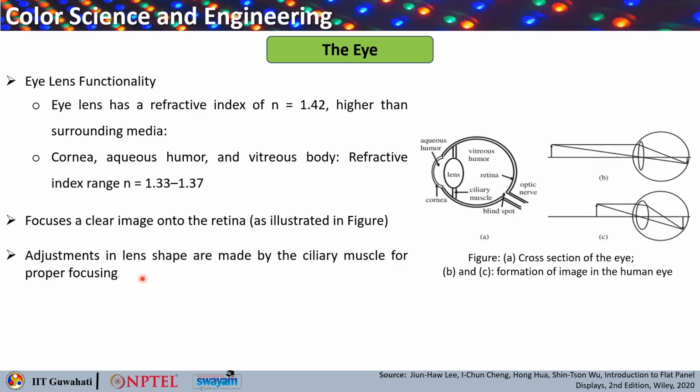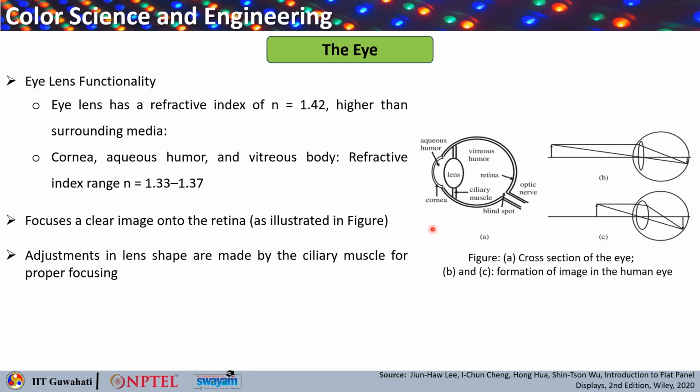So the eye lens, what is its functionality? Any lens has a refractive index which is used to bend light. The eye lens has a refractive index of n equals 1.42, which is higher than the surrounding media. The cornea, aqueous humor and vitreous humor have refractive indices ranging from 1.33 to 1.37.